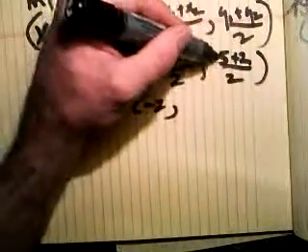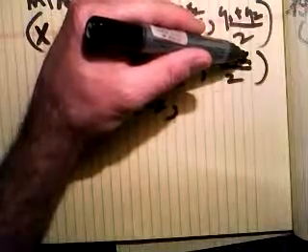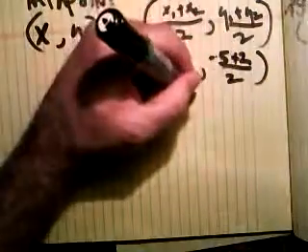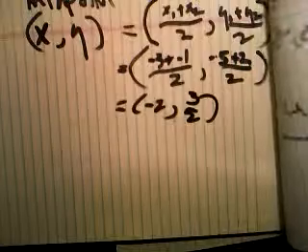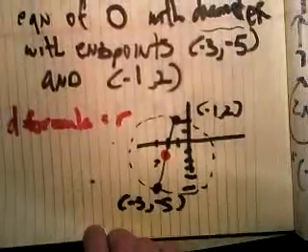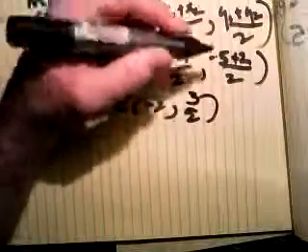And negative 5 plus 2 is 3/2. So let's see if that kind of makes sense. And this should be a negative 3/2. I'm sorry.